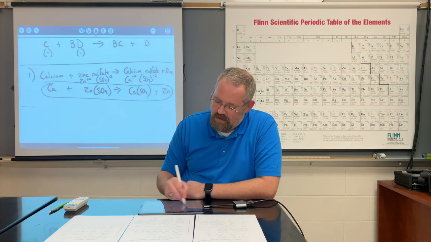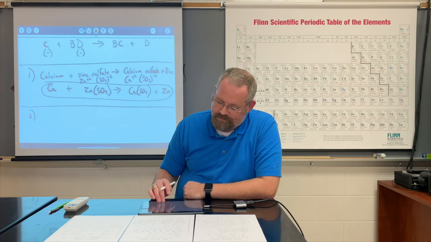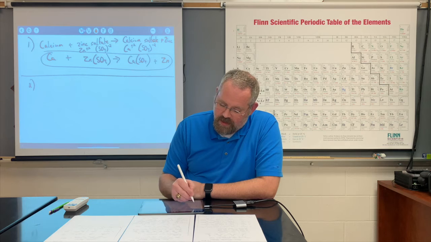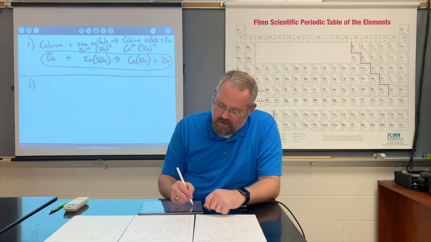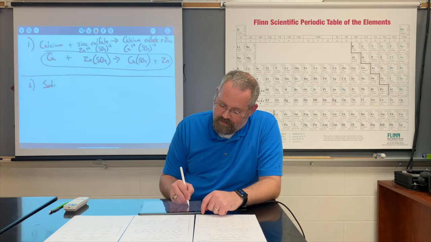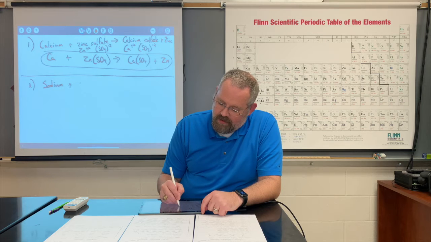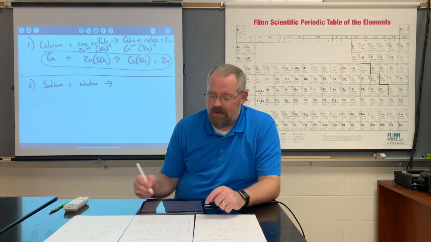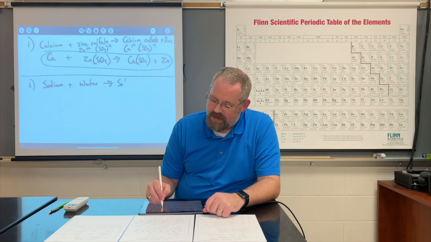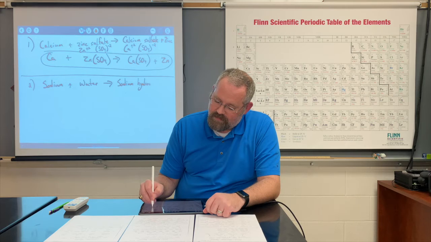All right, let's look at number 2. Number 2 was metal replaces hydrogen in water, so I'm going to put sodium in water. And if you remember, my result is going to be metal hydroxide. So my metal is the same, sodium hydroxide plus hydrogen.